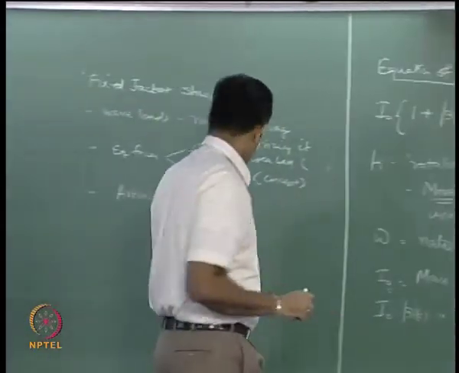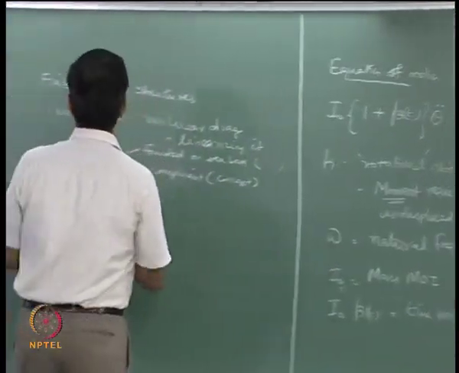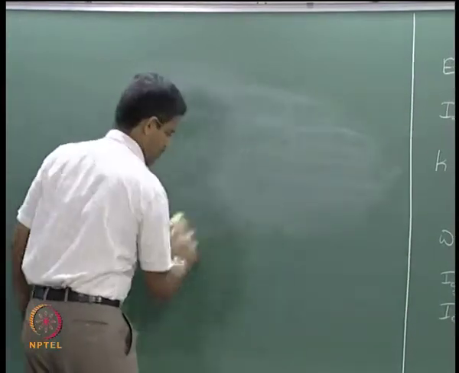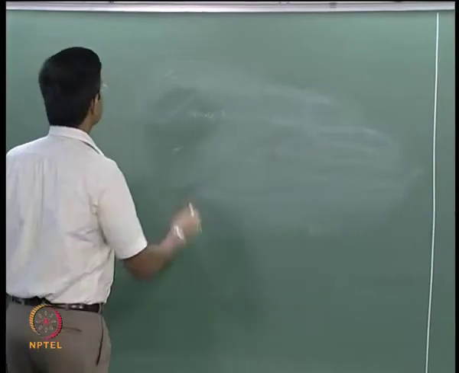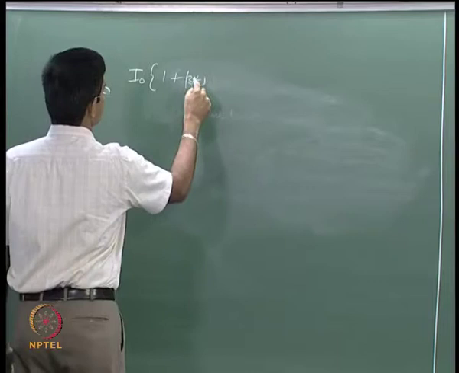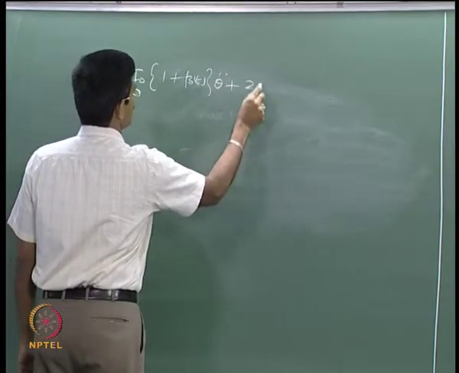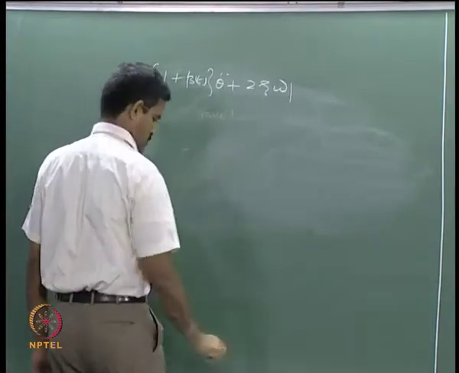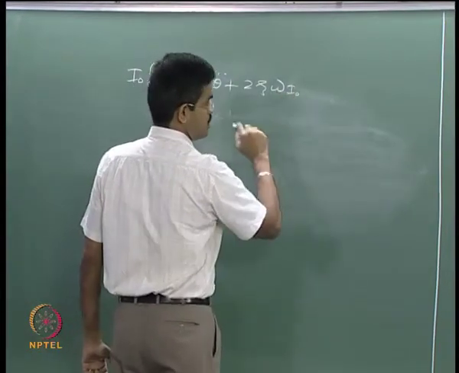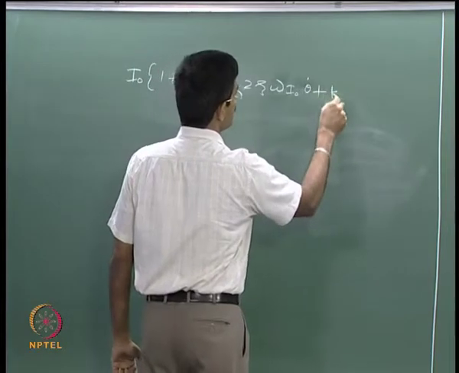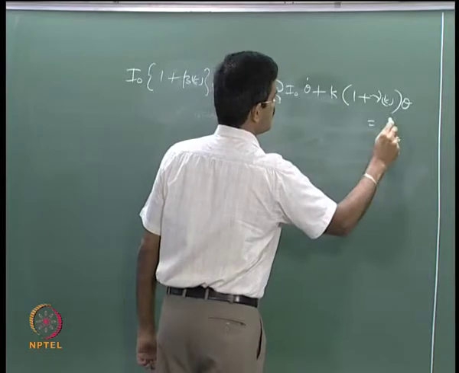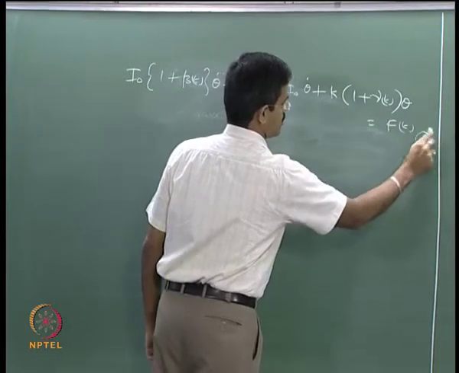So, let me rewrite this equation again here. Let us say I naught. I call this equation number 1.